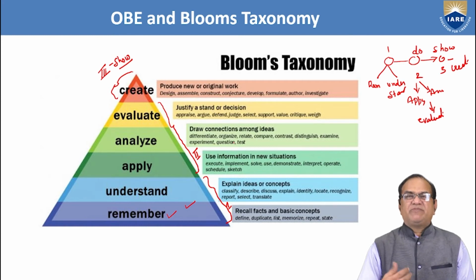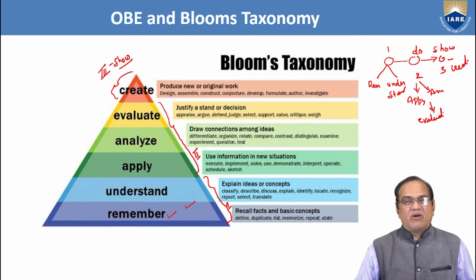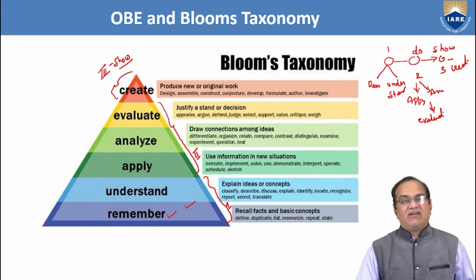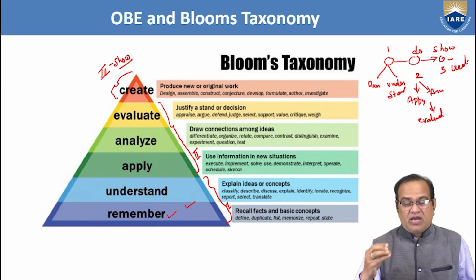You author a chapter, you author a paper, you write a paper on a particular topic. Every faculty has to make the student write a paper on some topic. Then only they will learn. So, writing a paper is a create level. It is not a small level.